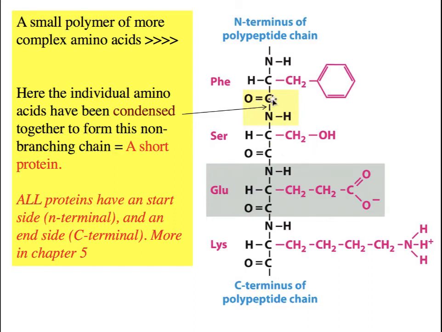In proteins, these specialized covalent bonds are called peptide bonds. So this molecule is constructed of 3 peptide bonds, one here, and one down here. The ribosome selects the correct amino acid to attach to its neighbor based on the instructions carried by messenger RNA. Chapter 5 goes into much more detail about the process of translation.